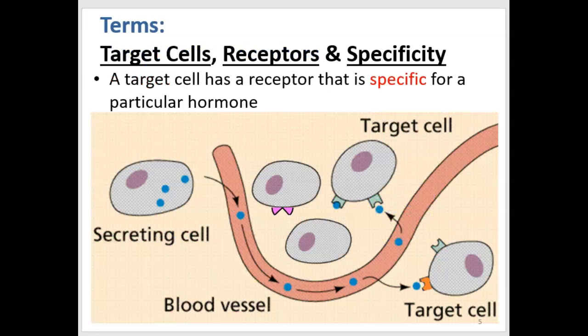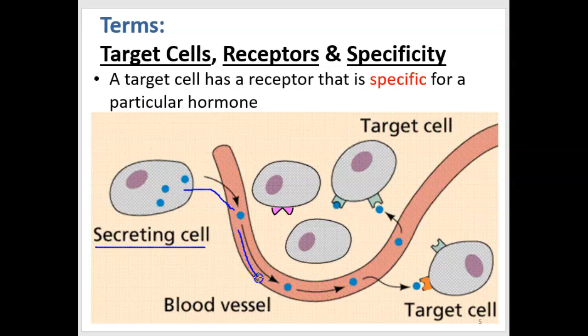Now recall that target cells can only respond to some sort of chemical stimulus if they have a receptor for that chemical stimulus. So the cell on the left, the secreting cell here, releases the chemical signal, a hormone, into the blood.